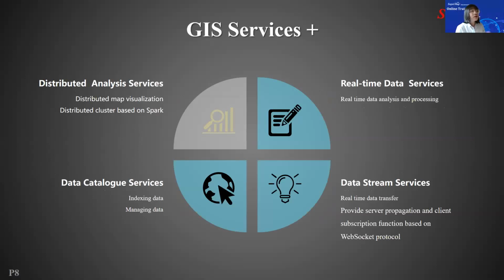And what does GIS Service Plus mean? Beyond those basic geospatial services, we can also provide services for big data or AI functions. For example, the distributed analysis service can achieve distributed map visualization and a distributed cluster based on Spark, which improves the rendering performance of high volumes of spatial data.